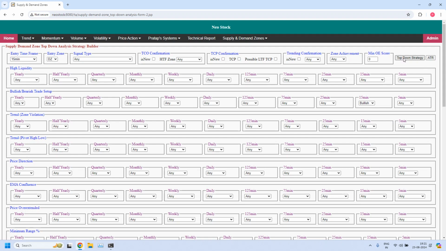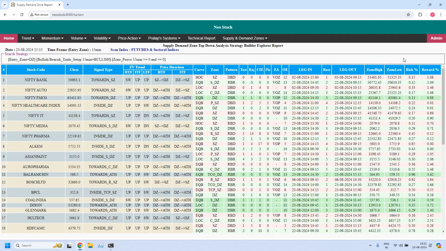So in top-down strategy, we have filtered the stocks. So good number of stocks are filtered. NIFTY Bank is also supporting bullish trade setup for daily income trade.